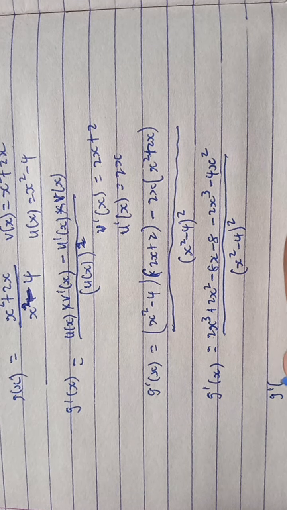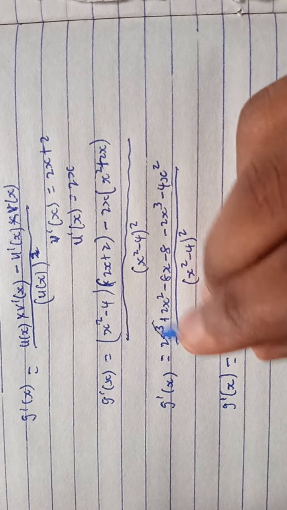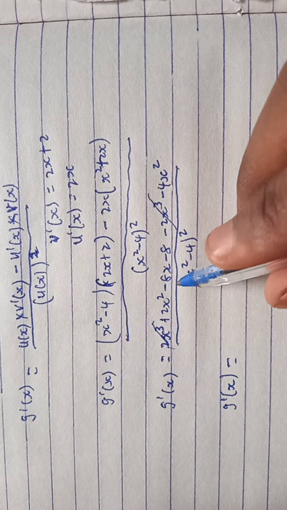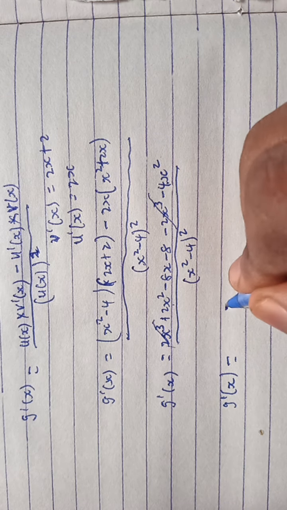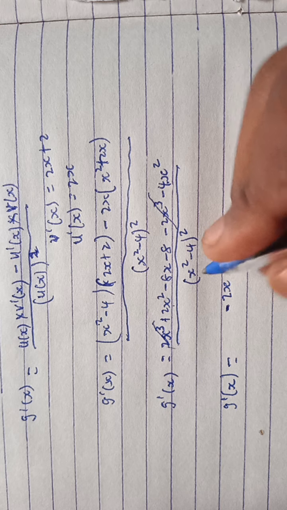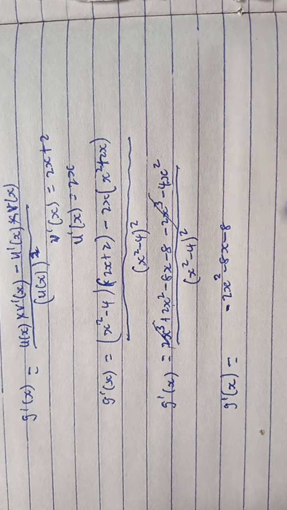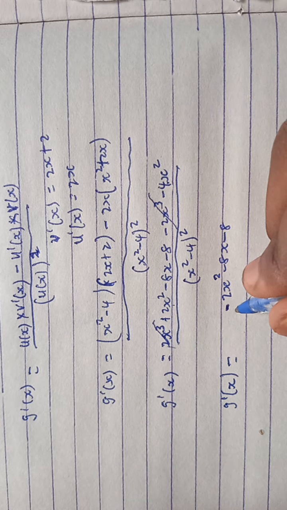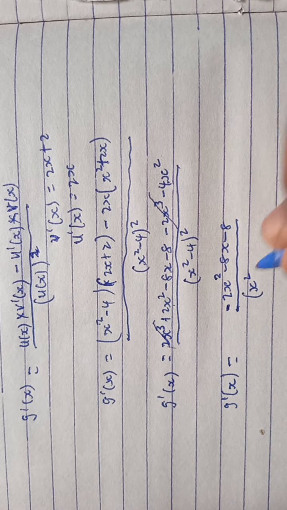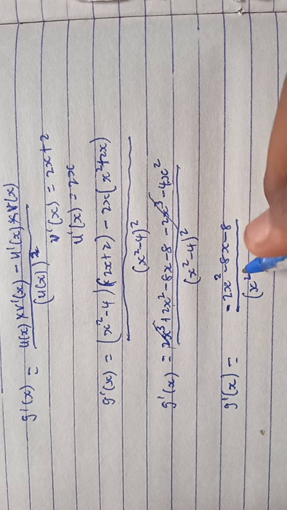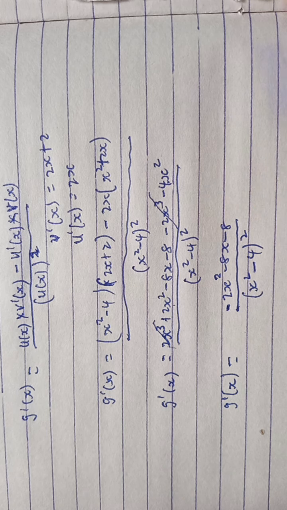So g prime of x will now be equal to, this will go away with that, then we'll have this minus this, leaving minus 2x. So we'll have minus 2x squared minus 8x minus 8. Have you seen that, guys? All over x squared minus 4, that squared.